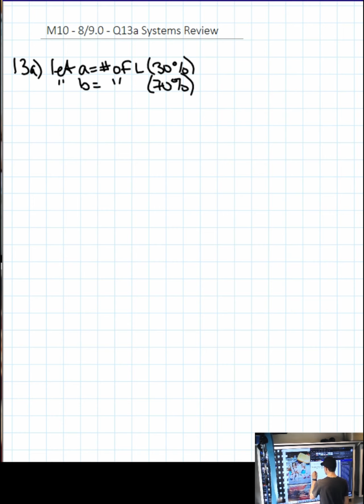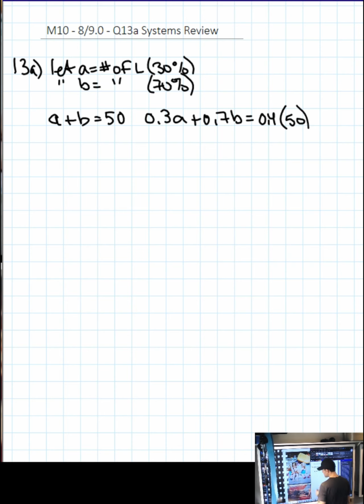So then we know we have 50 liters, so A plus B must equal 50 because we have 50 total liters. And 0.3 times A, the strength of A, plus 0.7B, the strength of B, equals 0.4, the final, but we have to times by the total, which is 50.